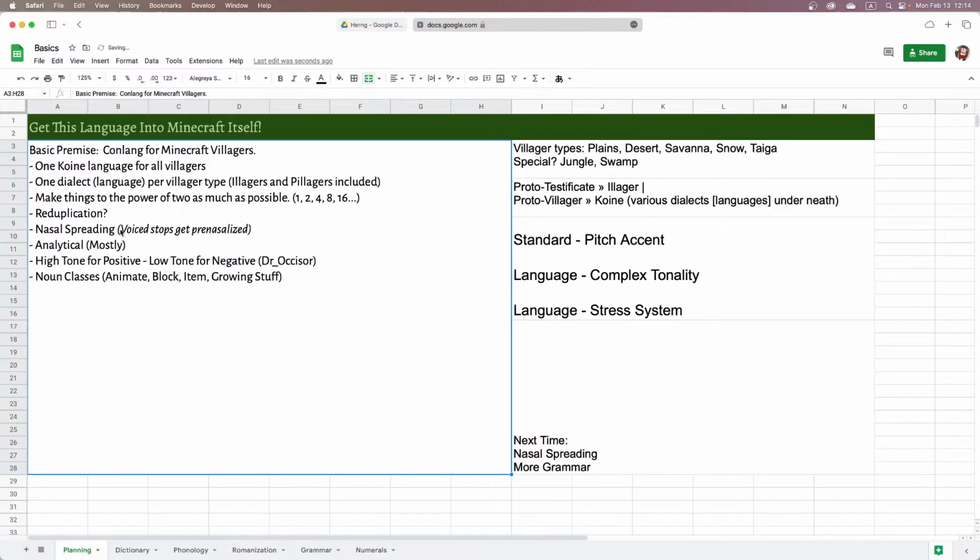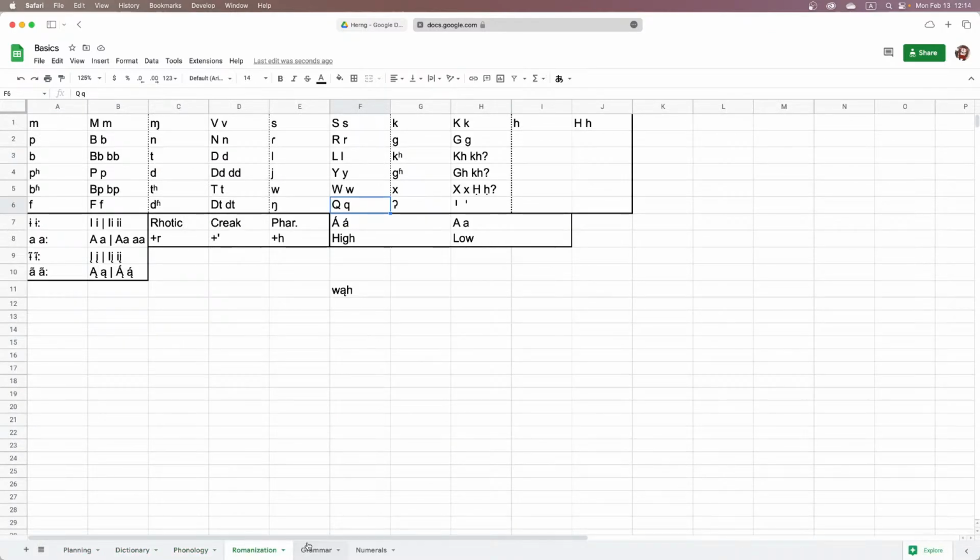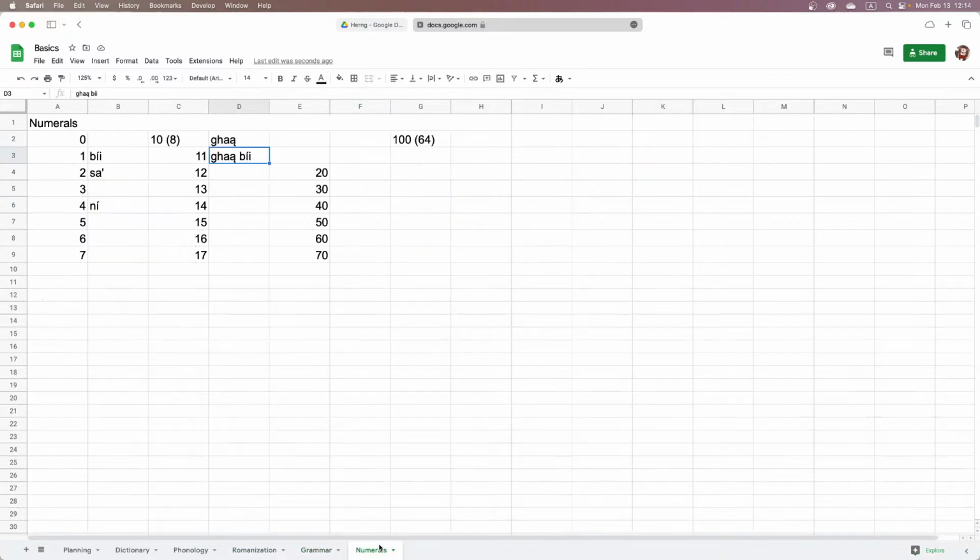Where a nasalized vowel before a voiced stop will pre-nasalize said voiced stop.